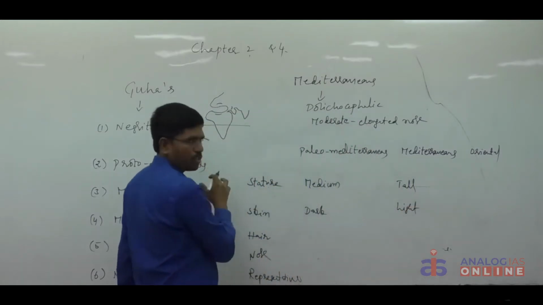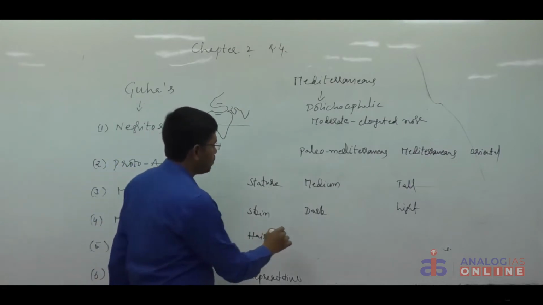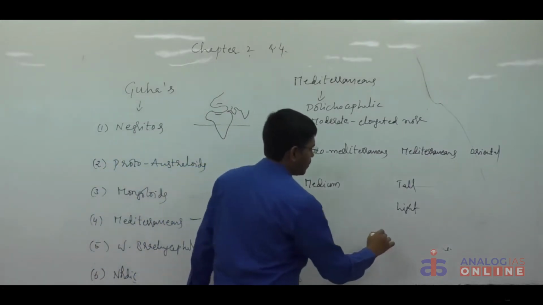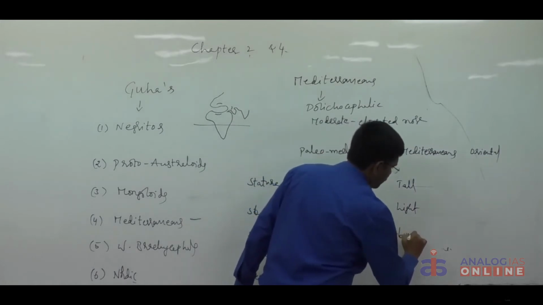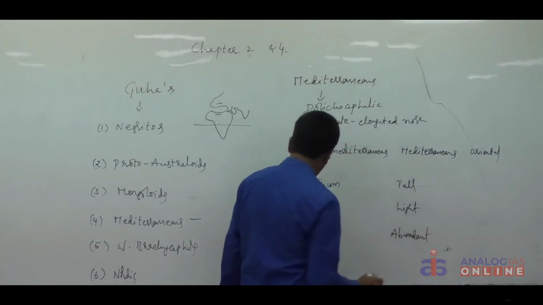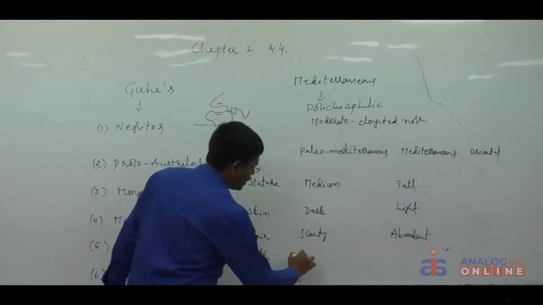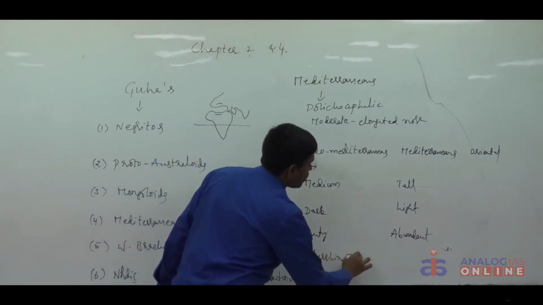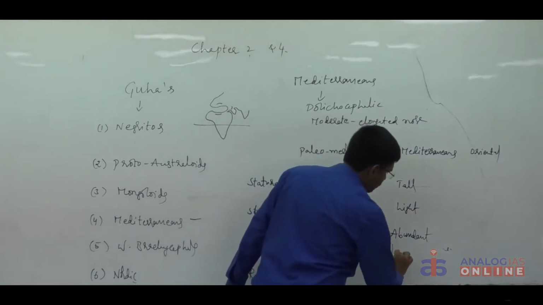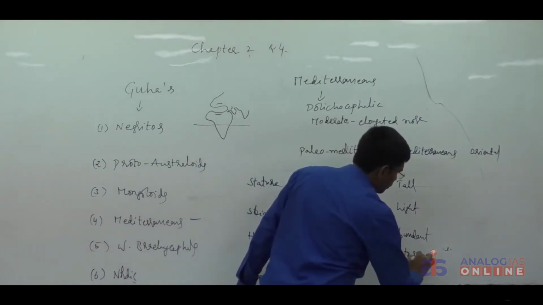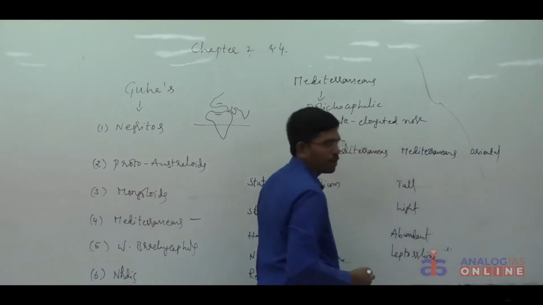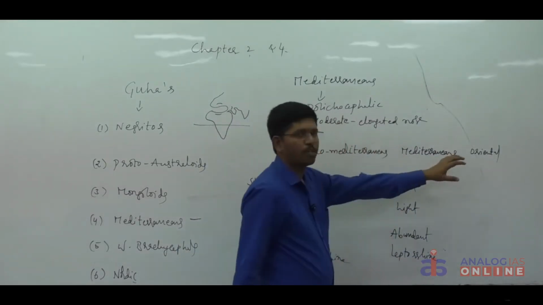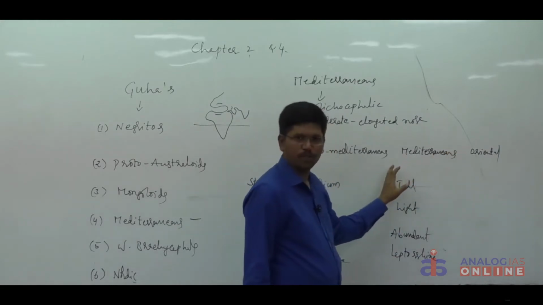Here in dark, here hot environment, less hair should be there, that means scanty hair over the body. Here abundant hair over the body. With respect to nose, here platyrrhine nose. With respect to Mediterraneans, leptorrhine nose. Leptorrhine nose means elongated nose. And with respect to third element, the third element is similar to second element.